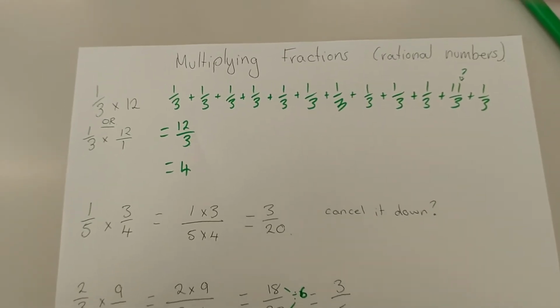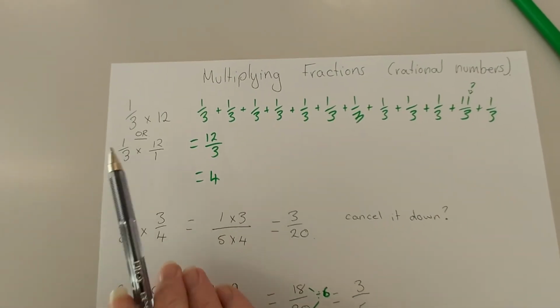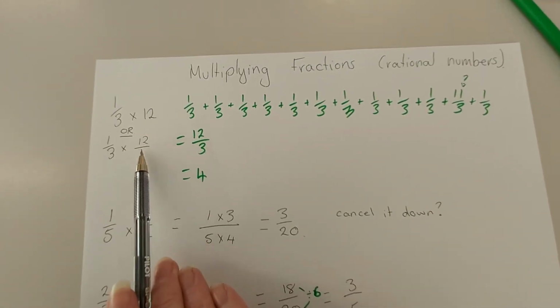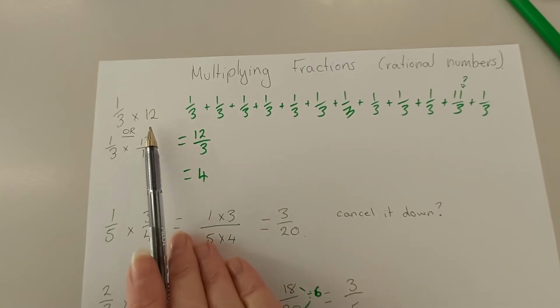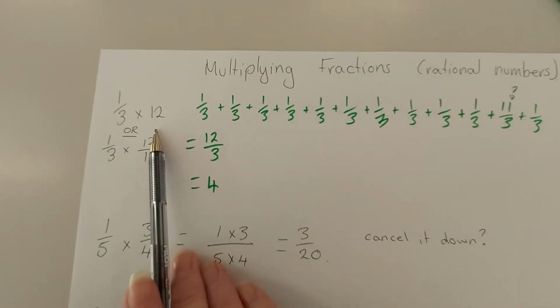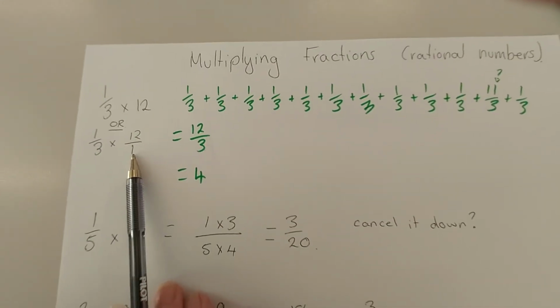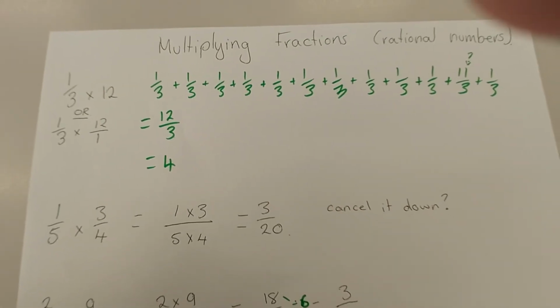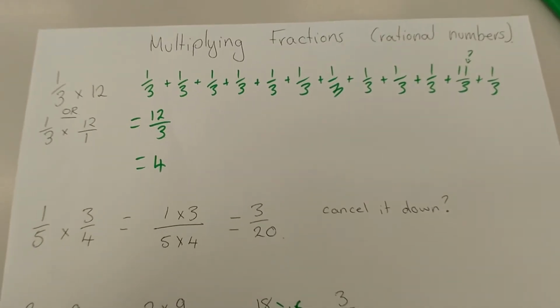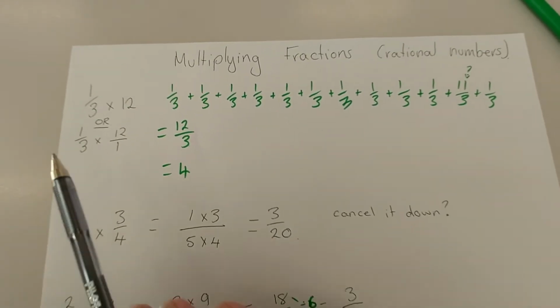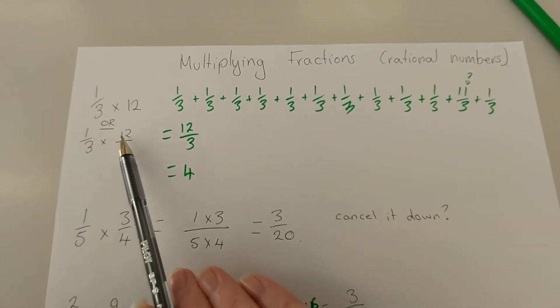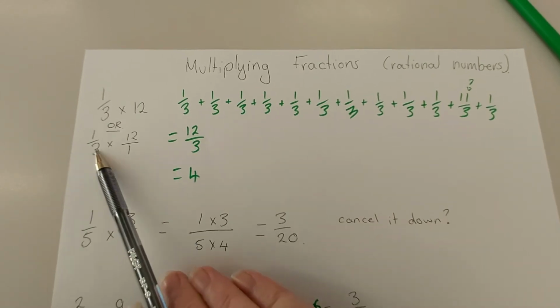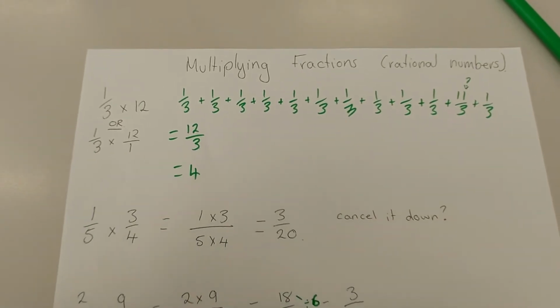Now, another way of writing this, like I showed you before, is to put the 12 over 1, because where you've got 12 whole, that's the same as having 12 over 1. And multiplication is much easier than addition and subtraction of fractions because you can do that simple multiplying across. 1 times 12 is 12, and 3 times 1 is 3.